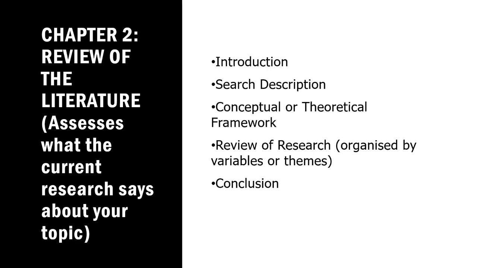So usually we set the parameters for the last 5 years. Then, in your search description, you also tell the reader whether you only searched for English articles, or also for Spanish or Portuguese. Usually in our context, we only use the English language, but please declare that in your search description as well.